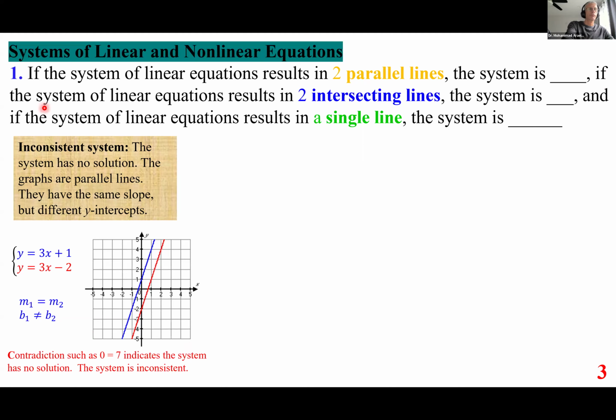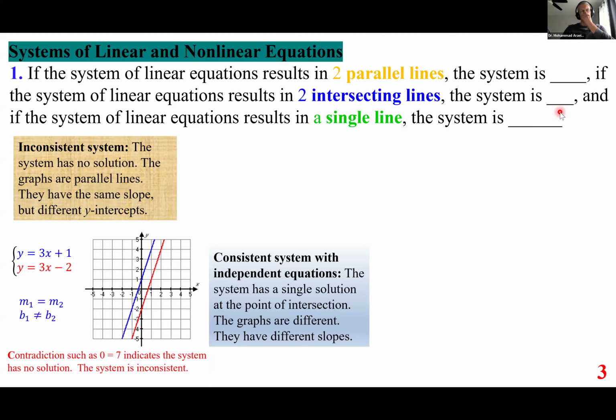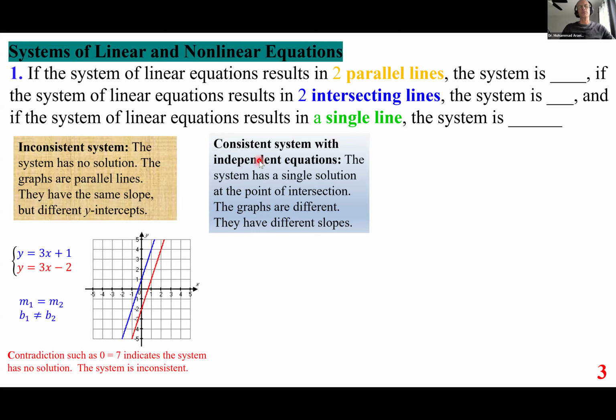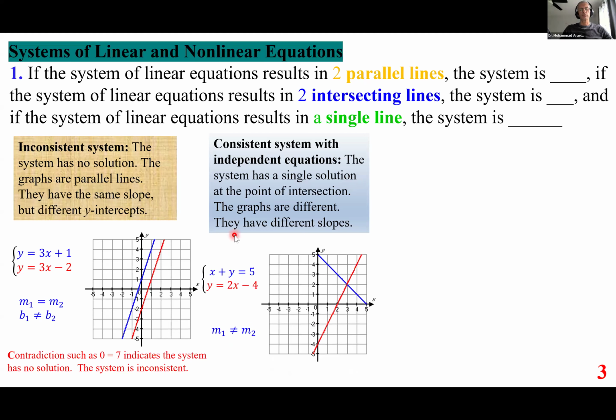If the system of linear equations results in two intersecting lines, the system is consistent system with independent equations. The system has a single solution at the point of intersection. The graphs are different. They have different slopes. So m1 is not equal to m2.